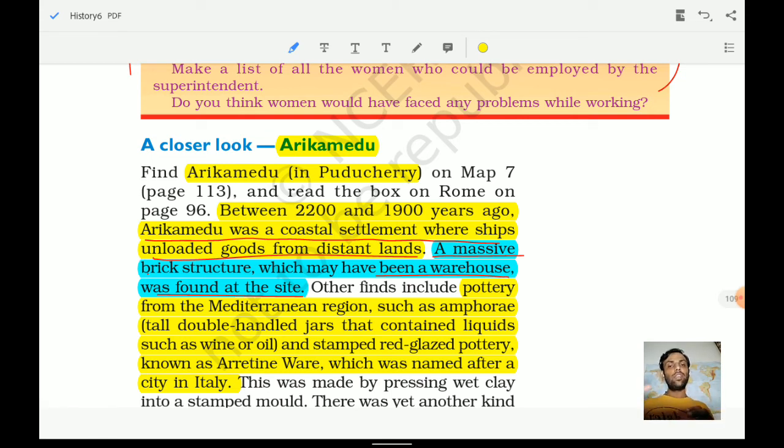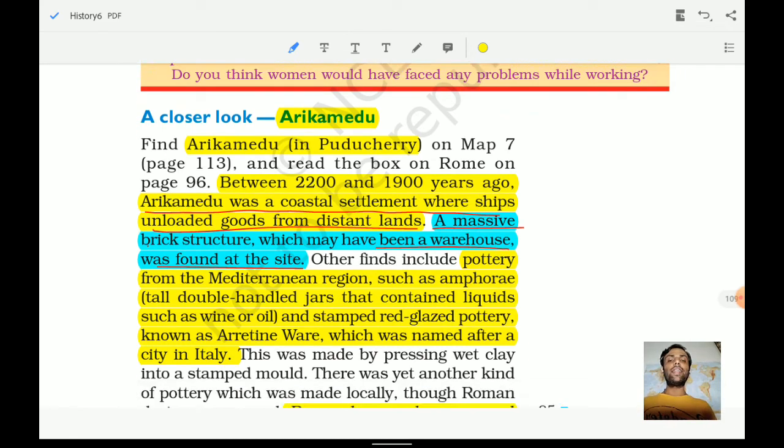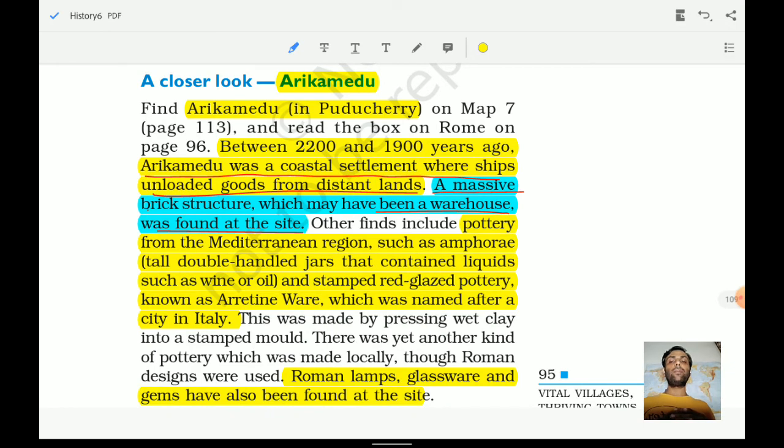It was in the coastal area in Puducherry, where the traders who were coming through the ships used to unload their things, or load the different things which they were purchasing from the hinterlands of India, right? So pottery from the Mediterranean, so it is also talking about pottery. Pottery from the Mediterranean region such as amphorae.